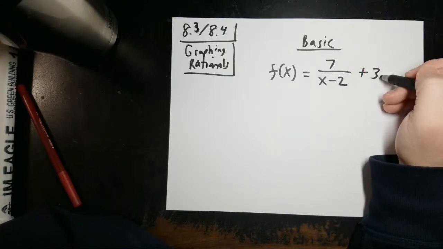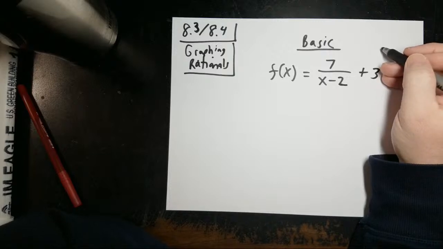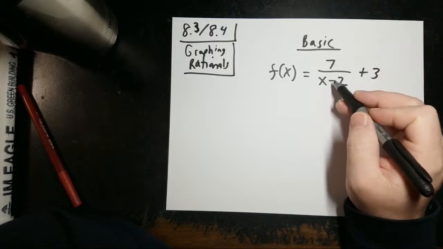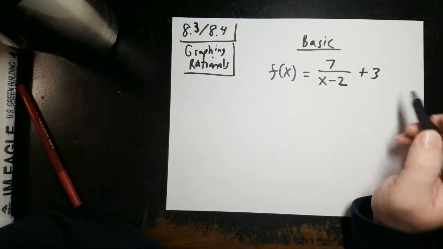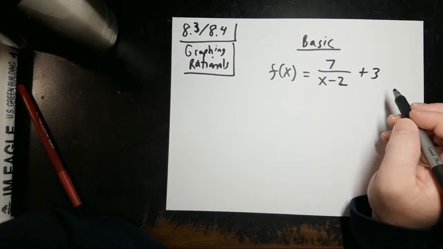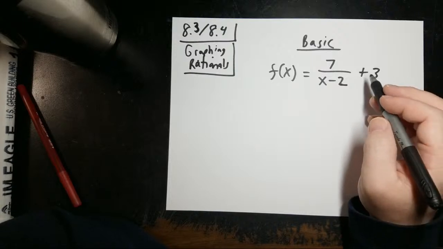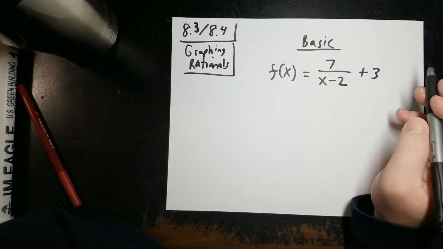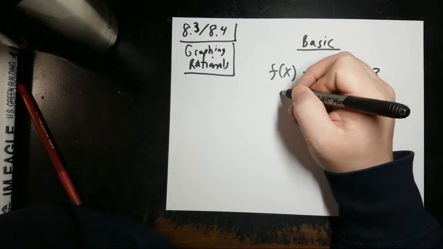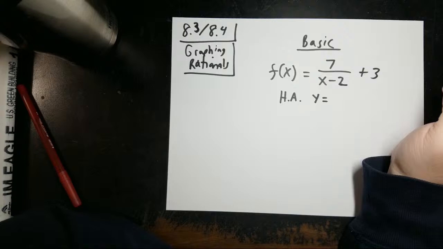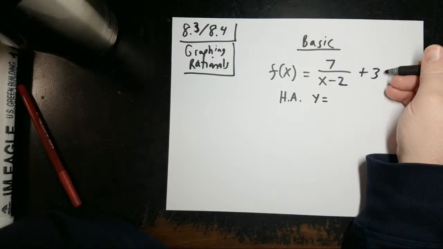The plus 3 is going to shift that whole thing up 3 units. The entire image is going to shift up 3 units. The x minus 2 is going to determine where the vertical asymptote is going to be. For the basic rational functions, your horizontal asymptote typically starts out as y equals 0, but it will shift wherever the k value is.